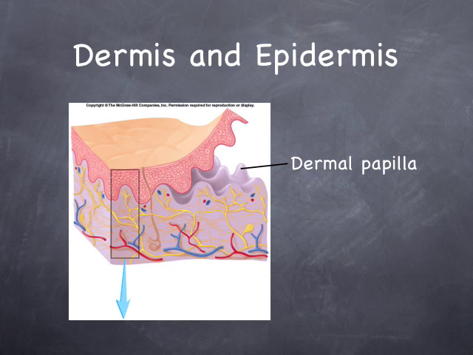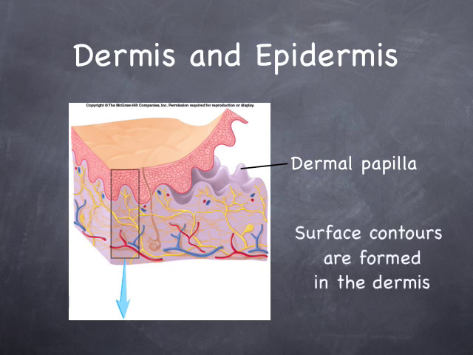So all the sort of shapes and scars and features that make one part of your skin different from another are going to be in the dermis itself, right? All surface contours of your skin are formed down in the dermis. The dermis is the major part of your skin.